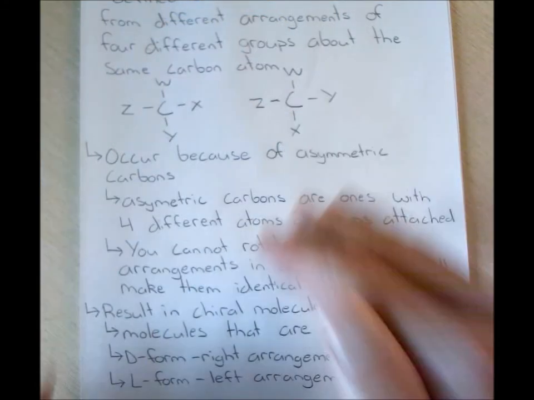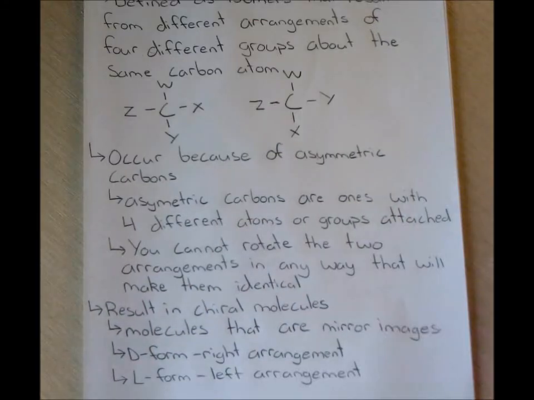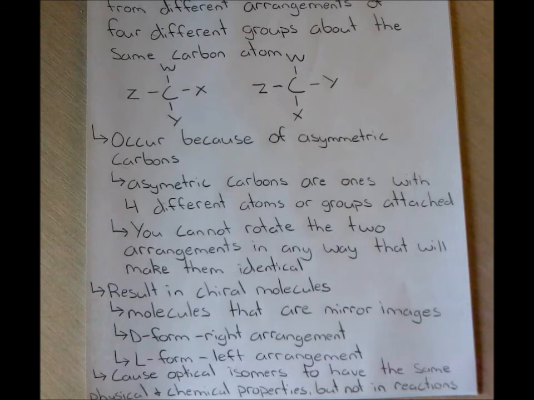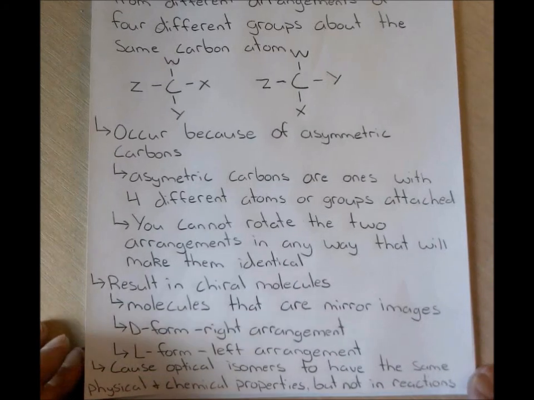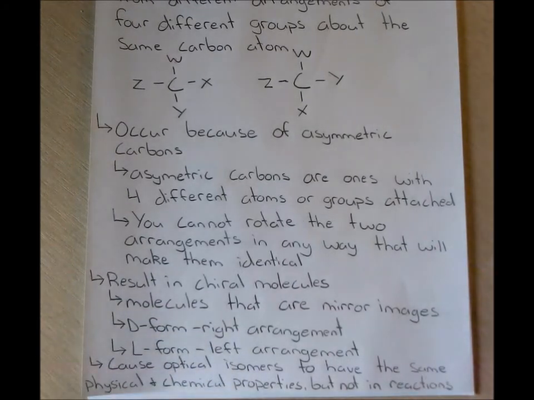Now, with chiral molecules, optical isomers have the same physical and chemical properties, except the difference is what happens in chemical reactions. Now, chiral molecules can get a little more in the weeds, but just FYI, these different forms actually play a role in prescriptions and drugs.